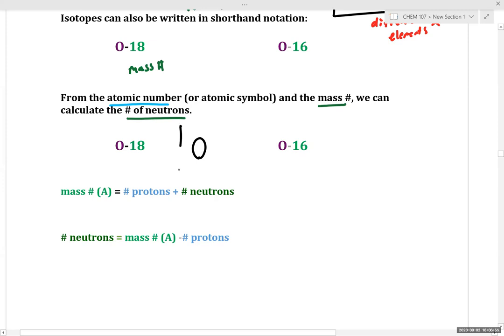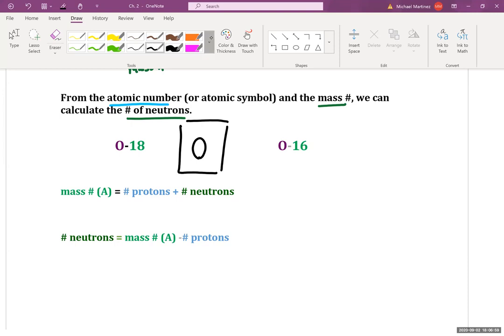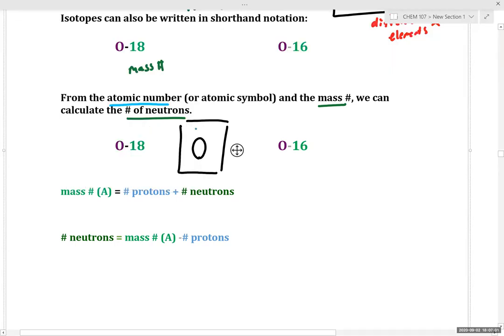So if we look up the symbol for oxygen in our periodic table, what is the atomic number? 8. It's the number above the oxygen symbol. Wonderful.